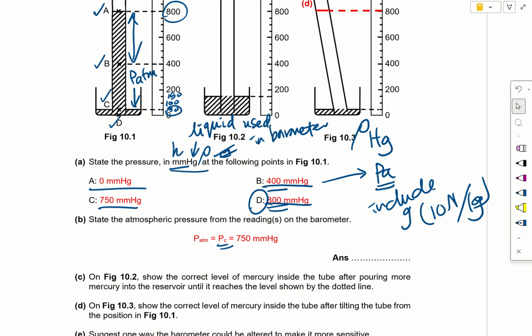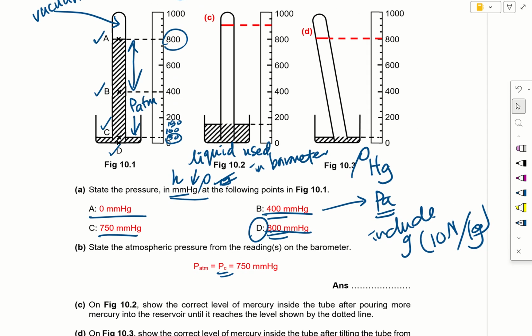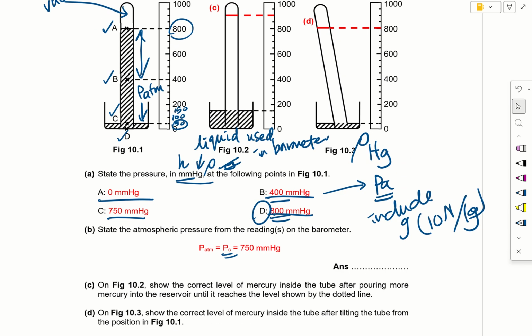Figure 10.2 shows the correct level of mercury inside the tube after pouring in more mercury. Even though you pour in more mercury, it is still talking about the relative height of the liquid level above the surface where PATM is acting. Now PATM didn't change.